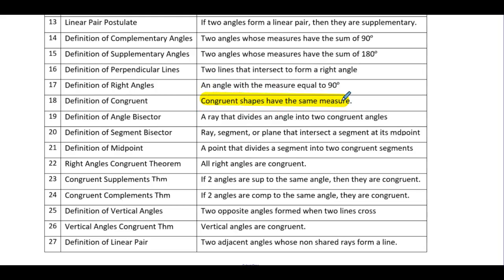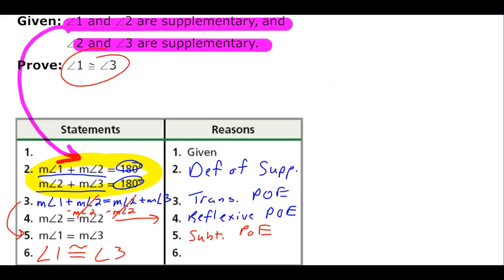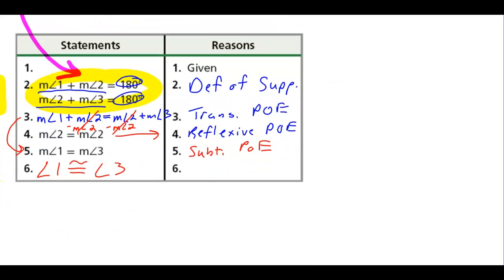Congruent shapes have the same or equal measure, and vice versa. If two angles have the same measure, then they are congruent. So to get from step 5 to 6, the measures are equal, therefore the angles are congruent. That's just the definition of congruent.